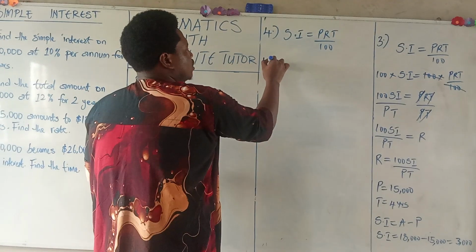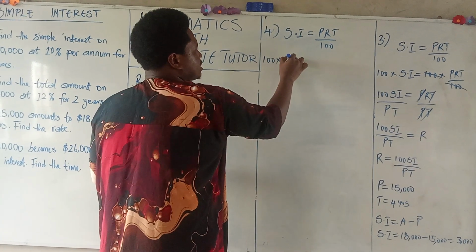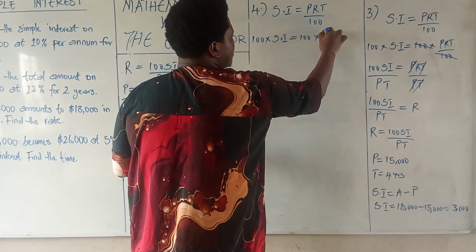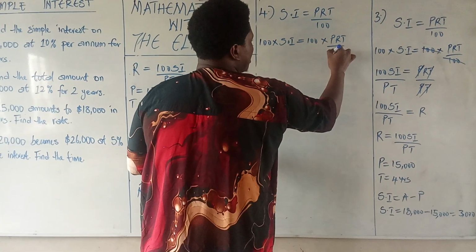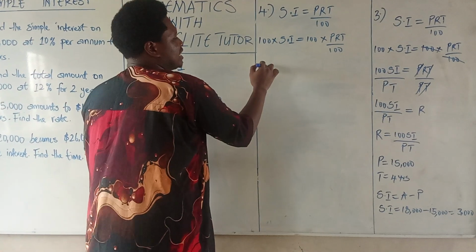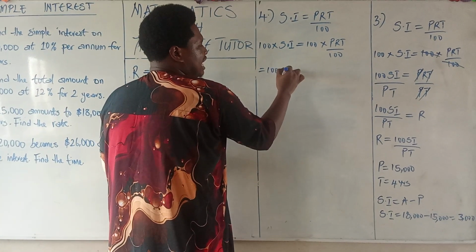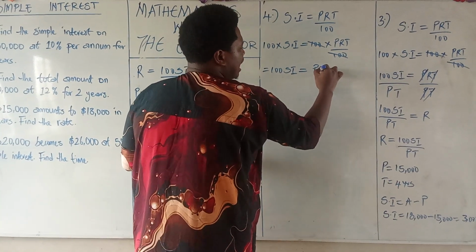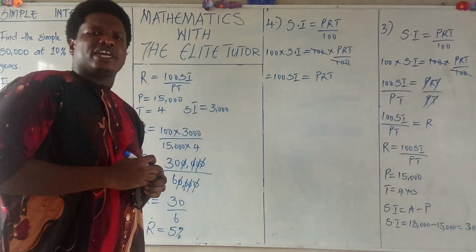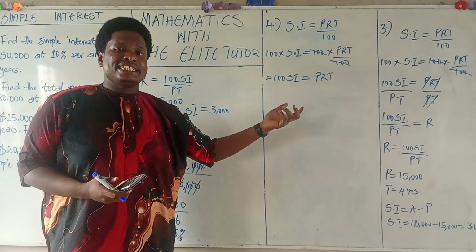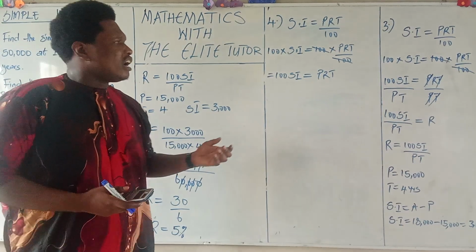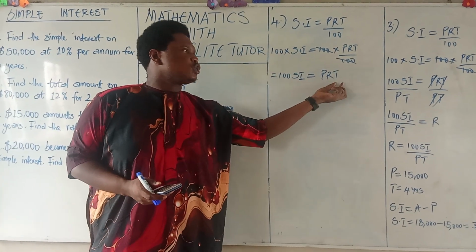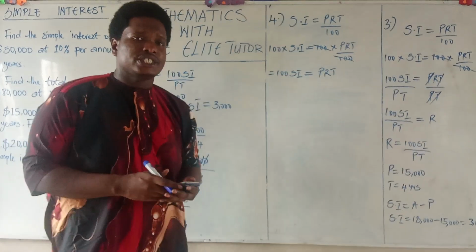So we have that 100 times simple interest is equal to 100 times PRT over 100. So at this point we have that 100 SI is equal to PRT. Don't forget we are looking for time, so we want to make T, which is time, the subject. In order for us to do that, we are going to divide both sides by PR so that T can stand on its own.